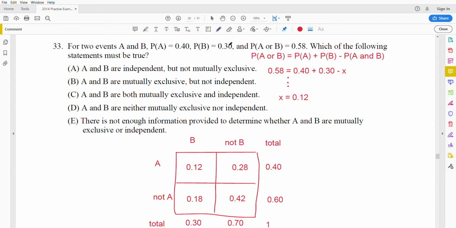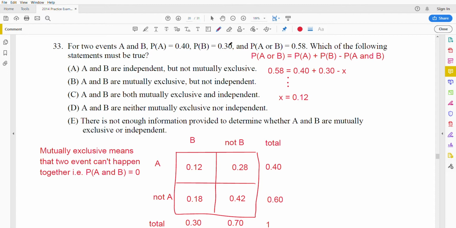Now that we've got this graphic organizer, this two-way table, let's start looking at the answer choices. Pretty much every answer choice is mentioning something about either independence or mutually exclusive events. So let's remind ourselves of those definitions. Mutually exclusive means that the 2 events cannot happen together.